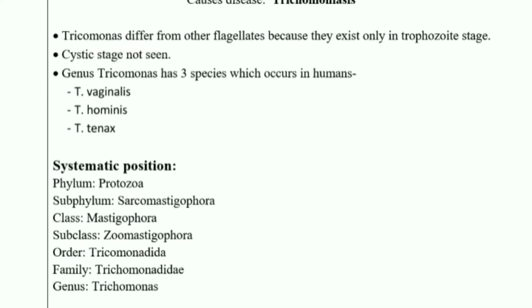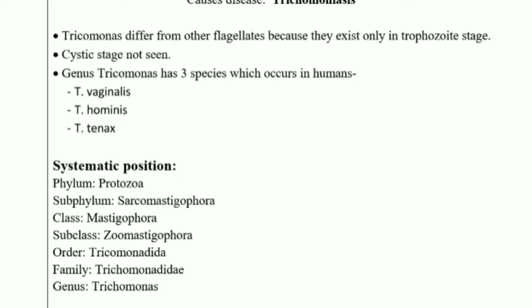Many other parasitic protozoans complete their life cycle with two stages, one is the trophozoite stage and the second is the cyst stage. But in the case of Trichomonas vaginalis, it has only the trophozoite stage, and the cyst stage is absent. The trophozoite stage is the growing stage. In other parasitic protozoans the trophozoite stage is not infectious but the cyst stage is infectious. But here you can only see the trophozoite stage.